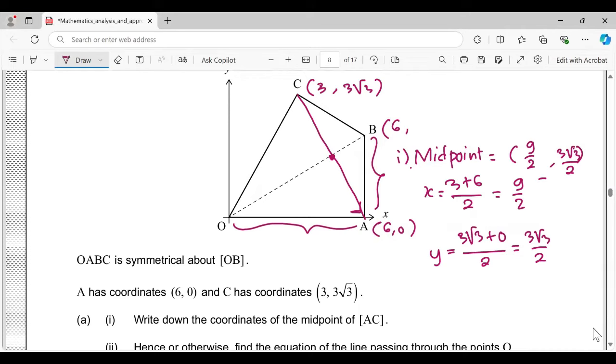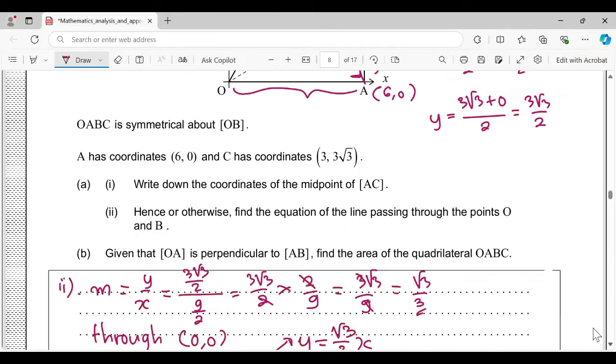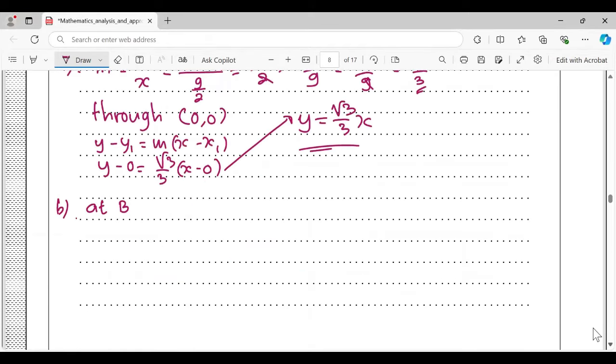How to find y? Just substitute 6 into this equation. Y is found because x equals 6.